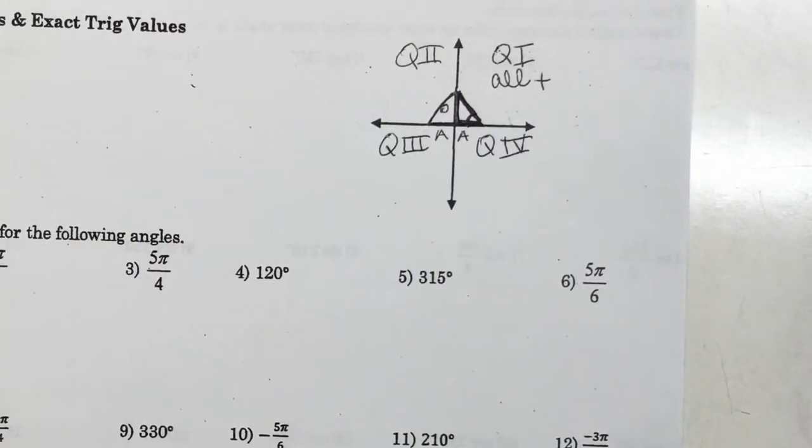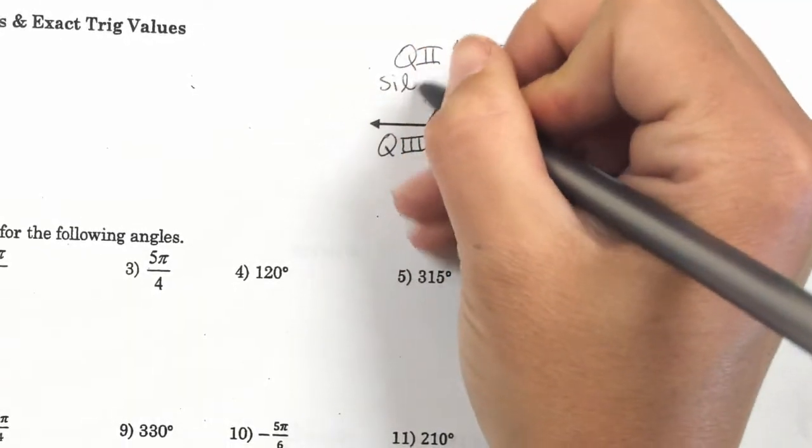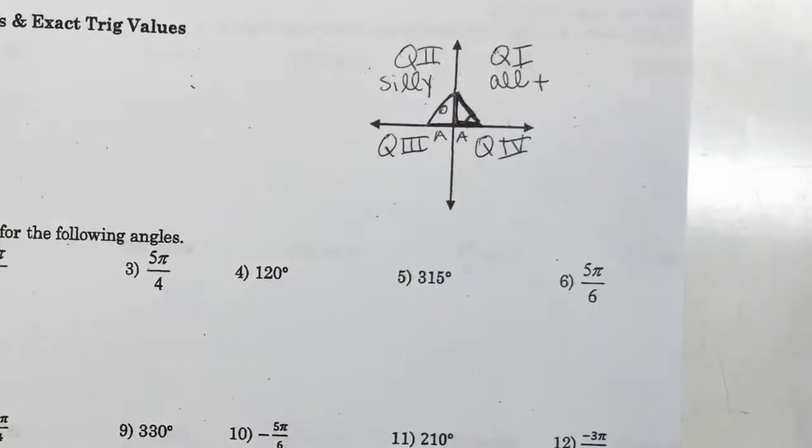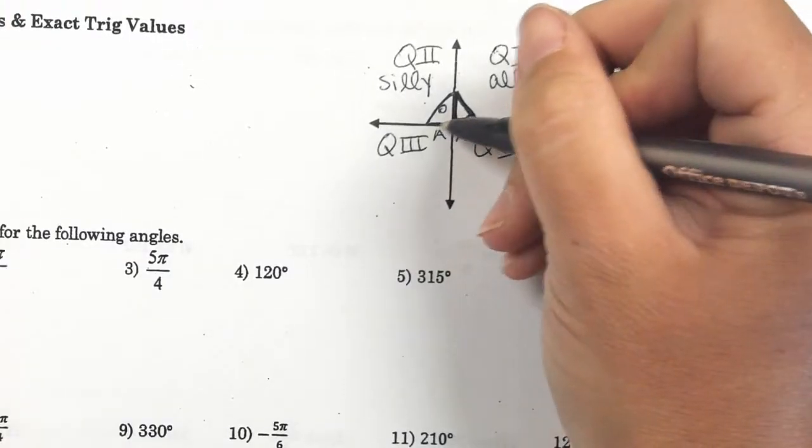Good. So the only one that's positive is going to be what? Sine. Good. You can put "Silly" right here. And the reason I put "Silly" starts with the letter S. The only one positive is sine. And its partner, which is what? Cosecant, CSC.